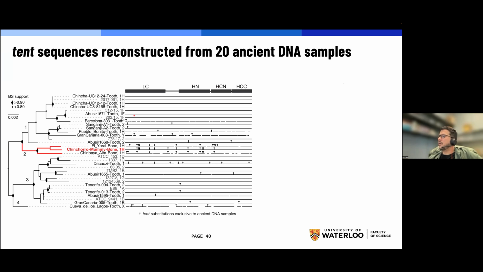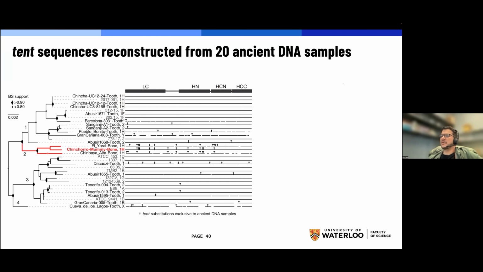And so what you can see here is that some of these tetanus toxins that we've reconstructed from ancient samples show no unique variation compared to modern tetanus toxins at all. For example, these ones up at the top, they don't contain any unique SNPs.